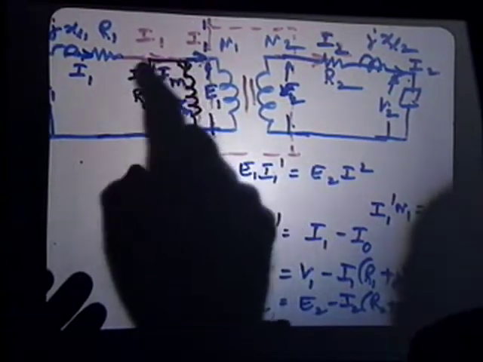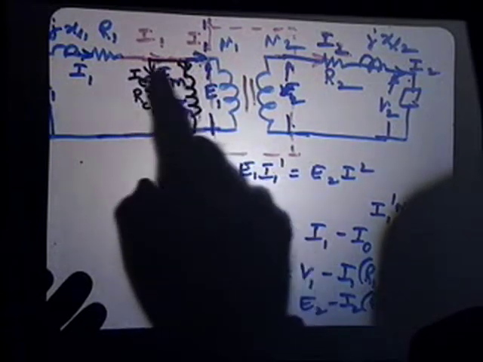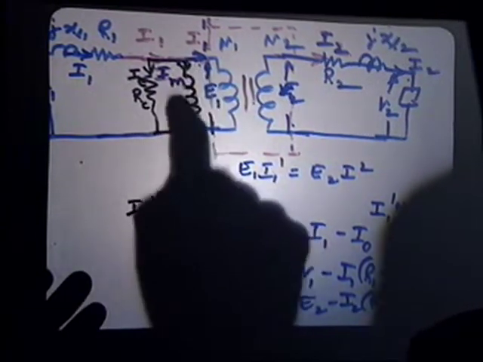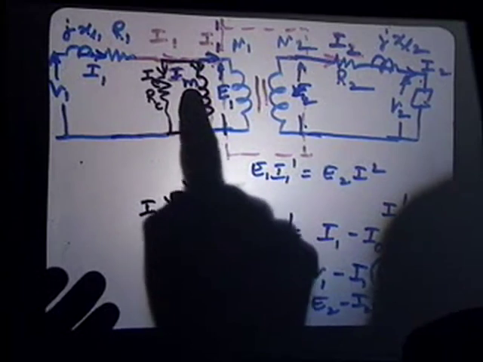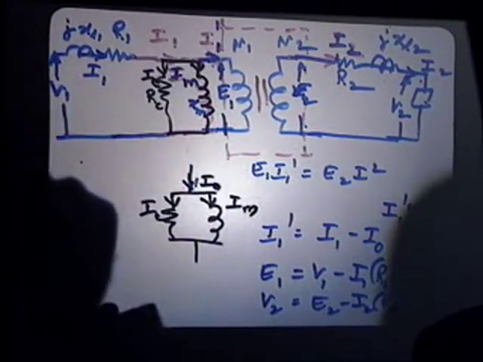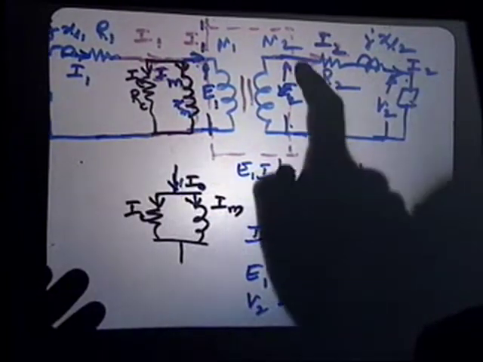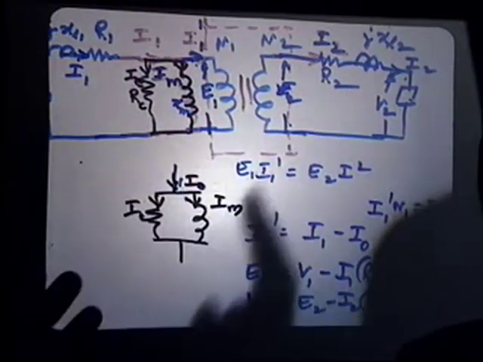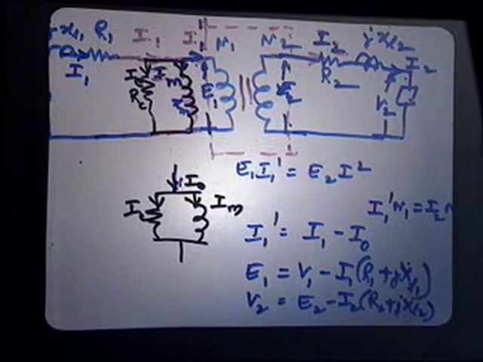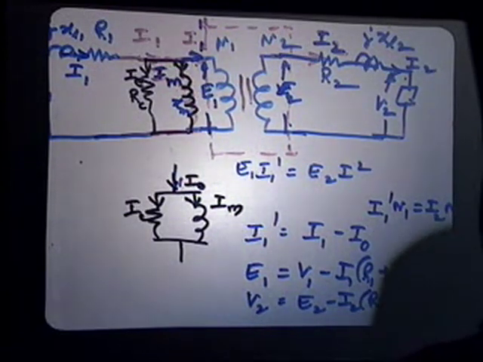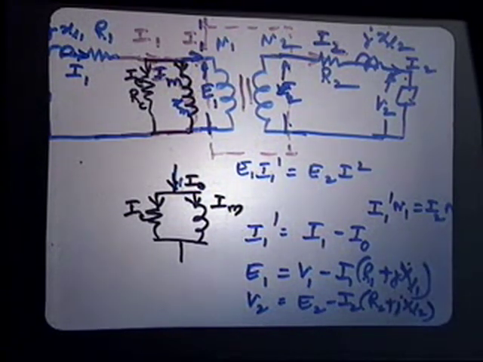Therefore this whole parallel branch is ineffective. It is almost like IC is 0 and IM is 0. Whatever power is drawn from the mains will go for the primary copper loss and the secondary copper loss, because both the primary and secondary are drawing rated currents. Usually you conduct the short circuit test at rated current and the open circuit test at rated voltage.